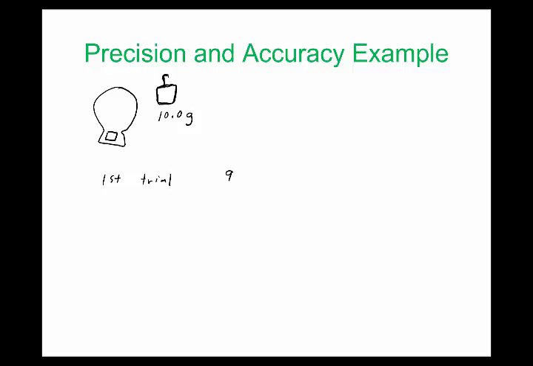First trial, it says it's 9.9 grams. On the second trial, you get 10.0 grams. And on the third trial, let's say it weighs 10.0 grams. Okay, so answer the following question.